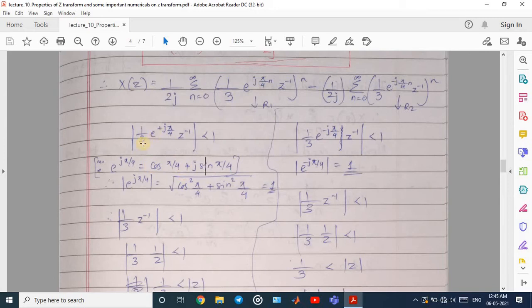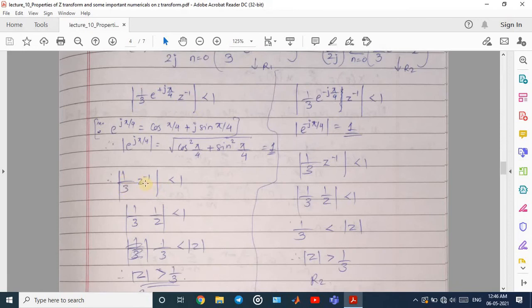Now mod of this value will be square root of cos square pi by 4, j becomes minus 1, sine square pi by 4, this will be 1. So the value of this is 1, so no need to write any value for this. As it is 1, 1 upon 3 and z inverse remains.